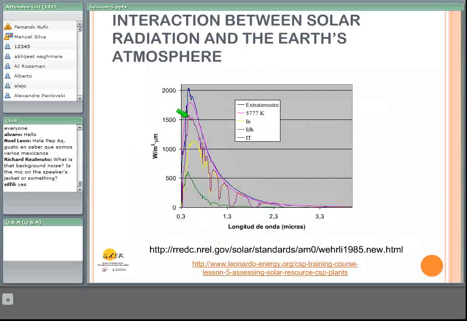As we said, the extraterrestrial solar spectrum can be approximated by the emission of a black body at 5500 Celsius, more or less. We can see that the direct component still keeps a lot of energy, a lot of power, and so it's a high quality energy resource.